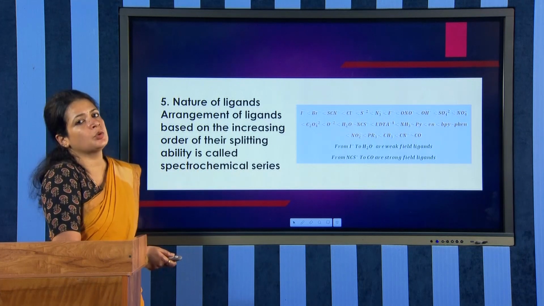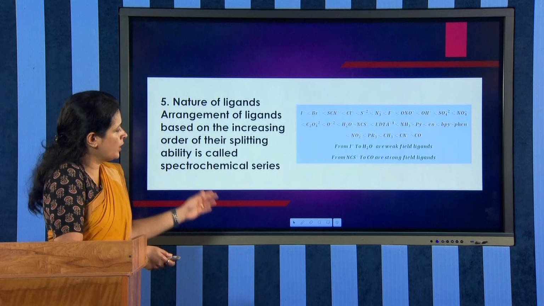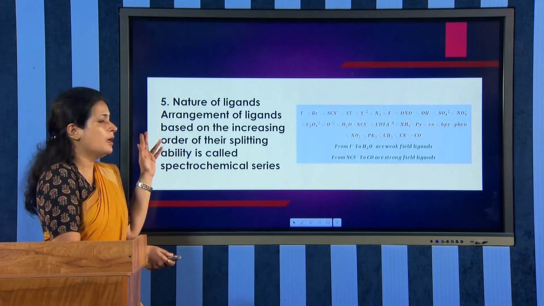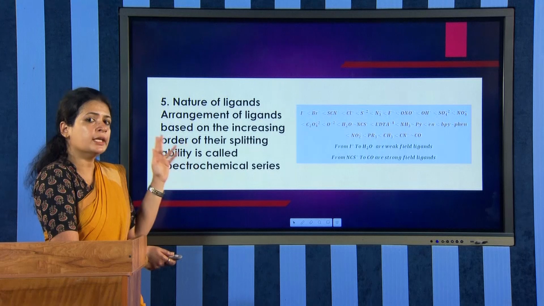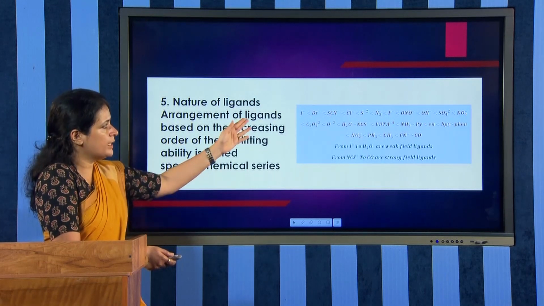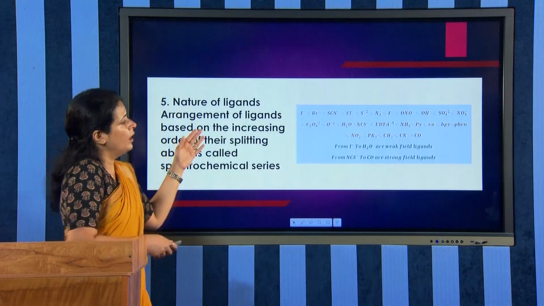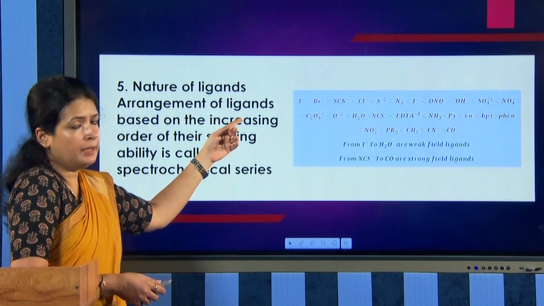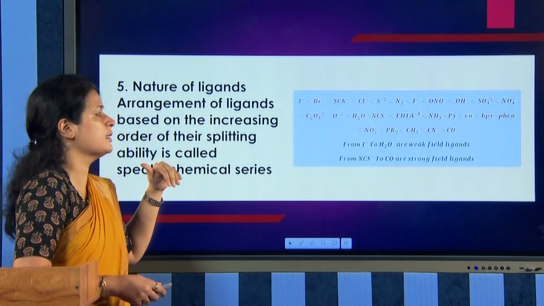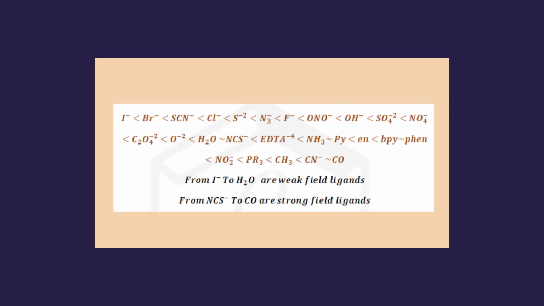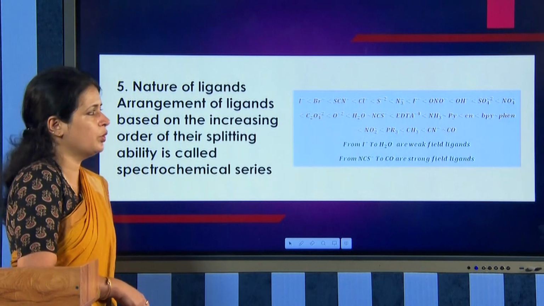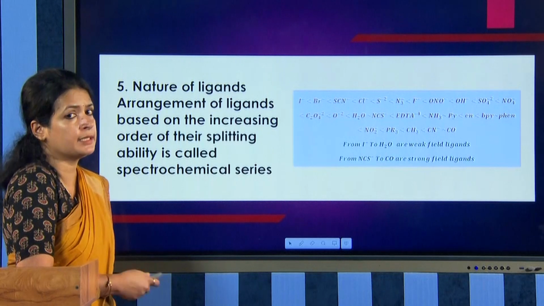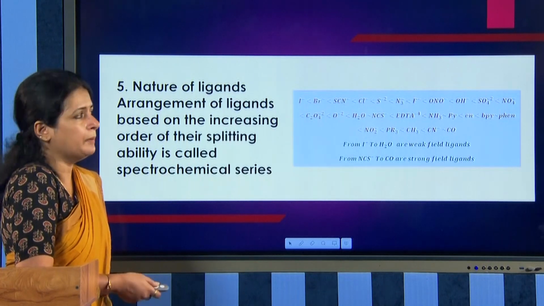That is called the spectrochemical series, which is very important. The spectrochemical series is the arrangement of ligands based on the increasing order of their splitting ability. Here you can see the order. When we see the spectrochemical series, you can find that iodide, I minus, has the lowest crystal field splitting ability, and the greatest is for CN minus, which has the same ability as CO, that is, the highest crystal field splitting ability.